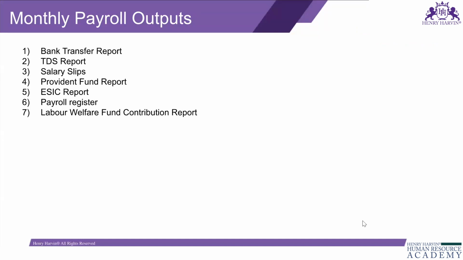Next is the TDS report. TDS means tax deducted at source. For example, 100 employees are working in your organization, and from those 100 employees, you have calculated tax for only 25 employees because 25 employees are eligible to pay tax.